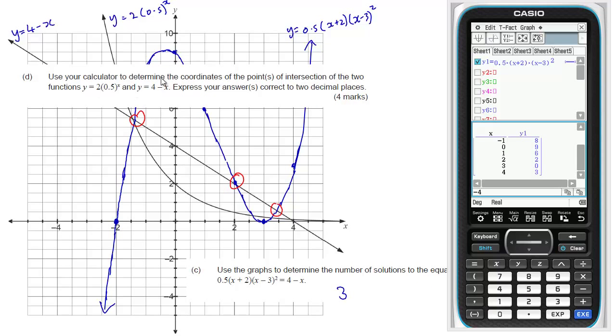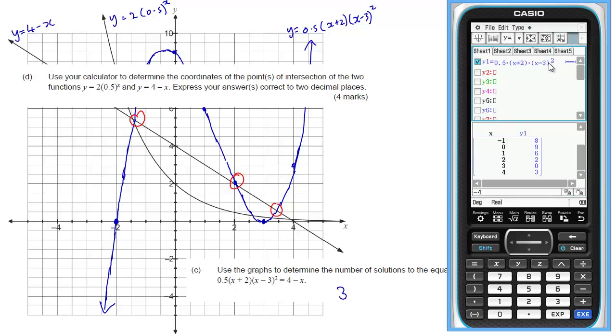Use your calculator to determine the coordinates of the points of intersection of the two functions y equals 2 lots of 0.5 to the x and y is 4 minus x. Express your answers correct to 2 decimal places. So let's do this on the graph. So I'm just going to clear everything that we have at the moment.